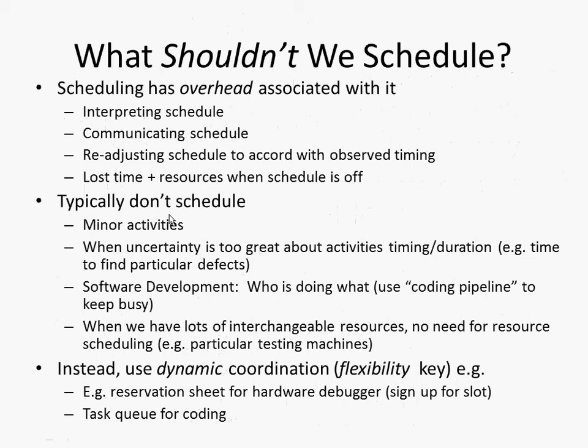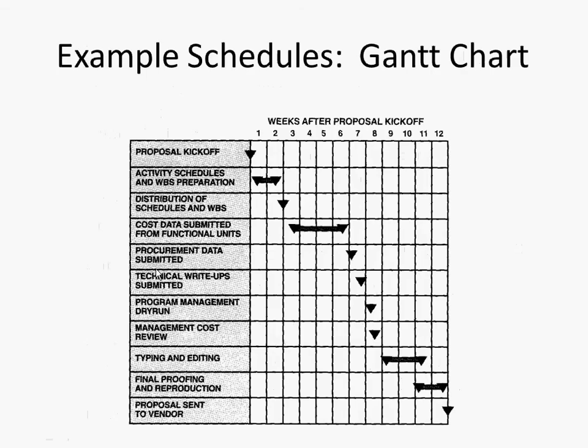It depends who happens to have finished their task at the appropriate point, and they grab it from a queue. You just maintain this dynamic queue. So scheduling is not used for all things. I don't expect everything to be scheduled, but I do expect each team will do some basic scheduling for the big things that have got to get done, for the big tasks that confront you.